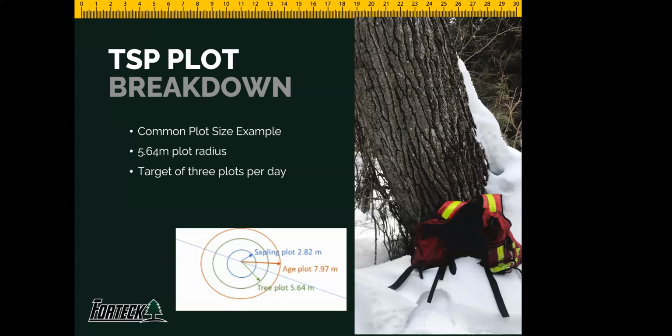Sometimes it could be less than that, and we've seen as many as 6 or more completed in a day. So that's a bit about the production and the radius size.